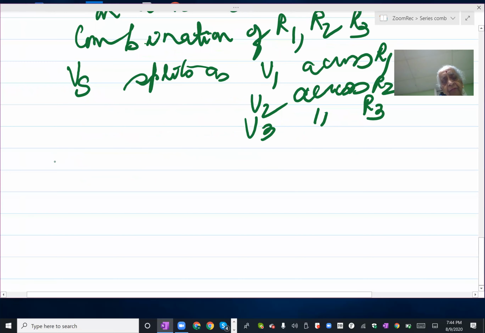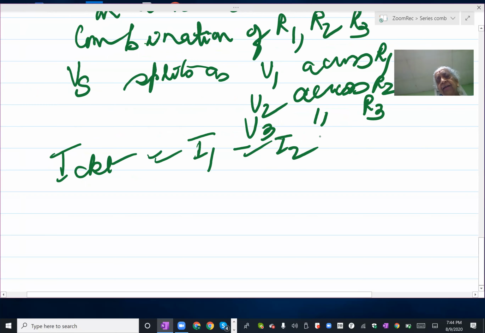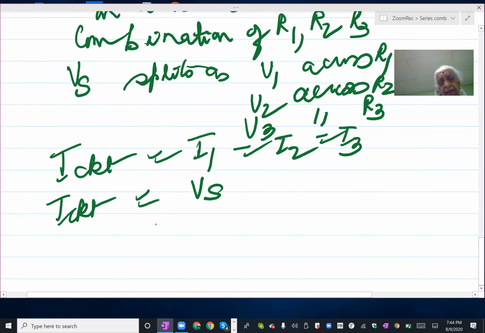So the I through the circuit is also the I through the first bulb, equal to I through the second bulb or heater, equal to I through the third, because all of them are in series. And that I of the circuit will be equal to Vs, the supply voltage, divided by R1 plus R2 plus R3.